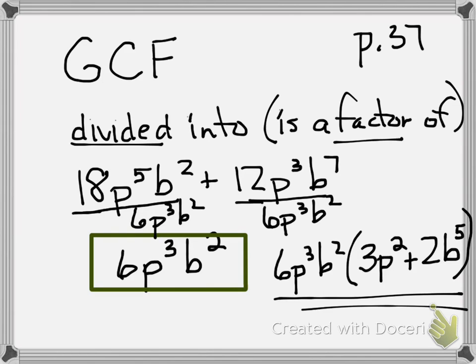This would be our answer if the question said factor with GCF or factor using the GCF. So that's what we're going to be doing. That was on page 37.